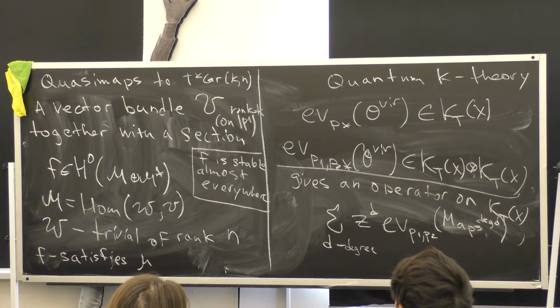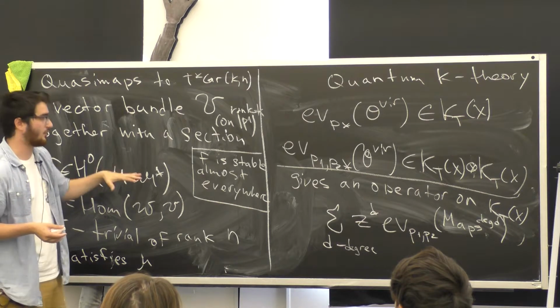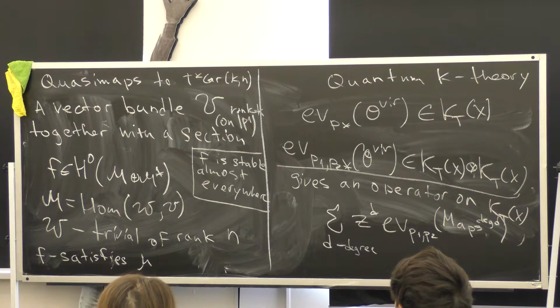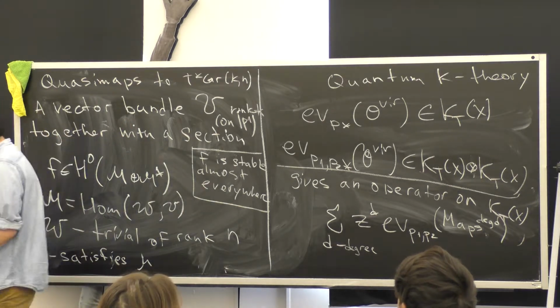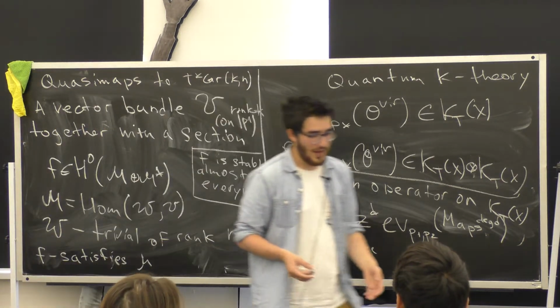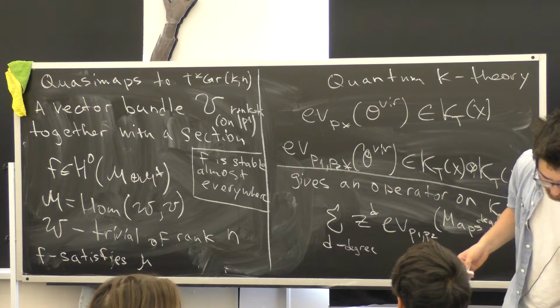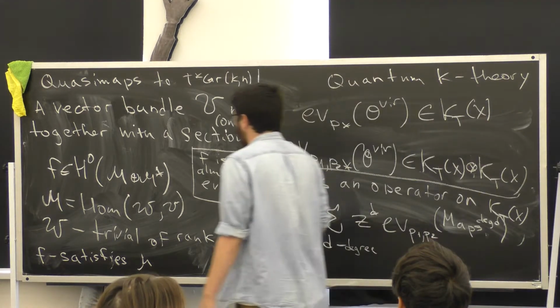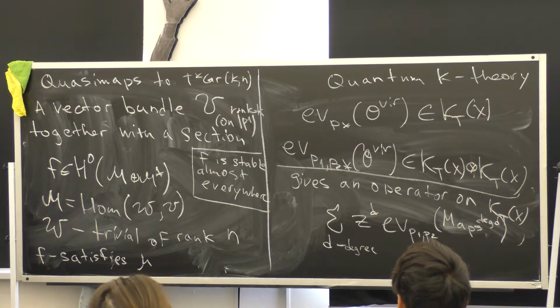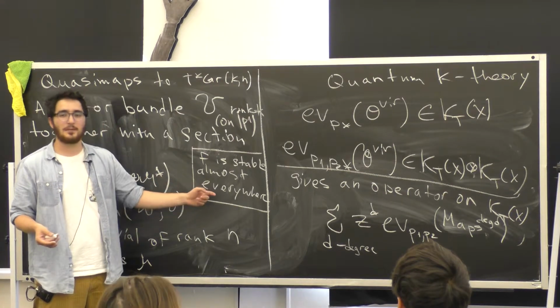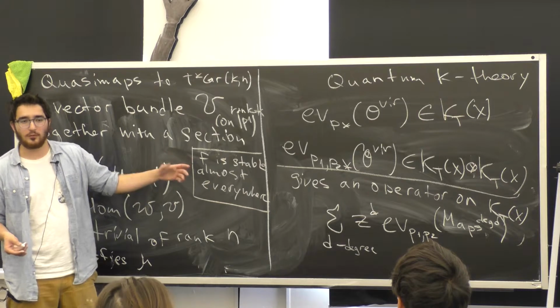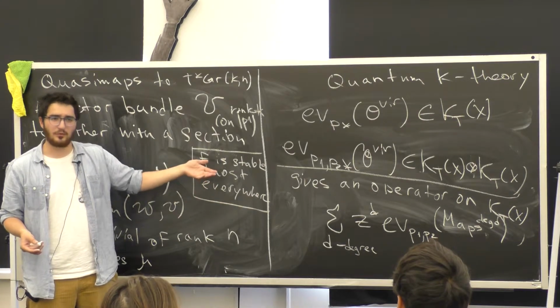OK, so if you now consider the moduli space of quasi-maps, this is much closer to what we wanted. We wanted the space of maps. We wanted to be able to evaluate it at any point. And we could almost do that, but not everywhere. For a quasi-map is stable almost everywhere. Almost everywhere means except for a finite number of points.